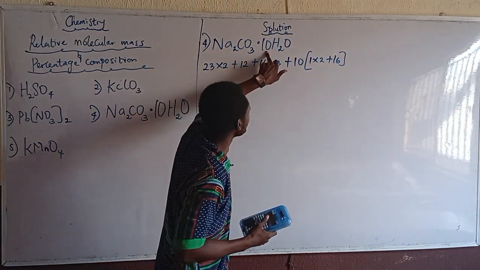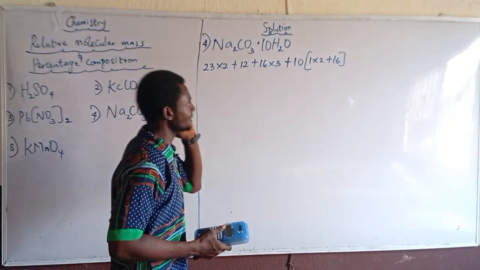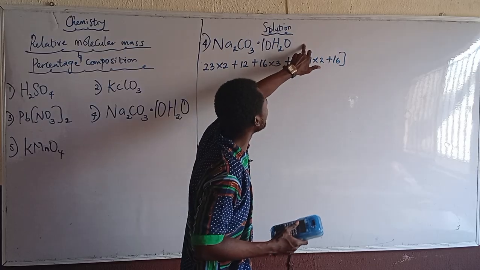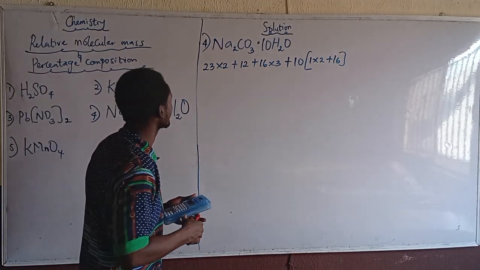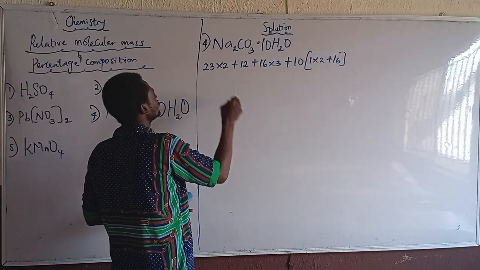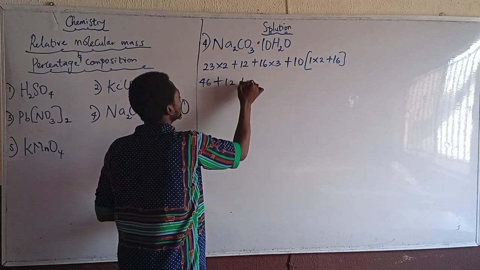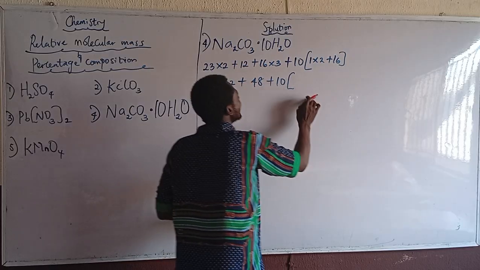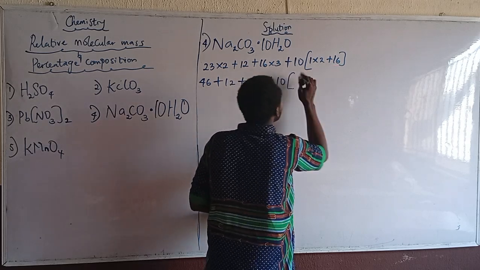The 10 in front is affecting both hydrogen and oxygen. That's why the 10 is here, and I have to open brackets for H2O, which is 1 times 2 plus 16. So from here, 23 times 2 is 46 plus 12 plus 48 plus 10. Here is 1 times 2, 2 plus 16, that is 18.